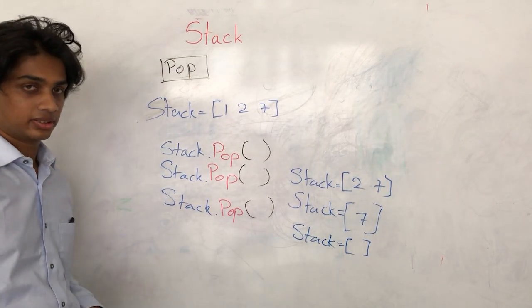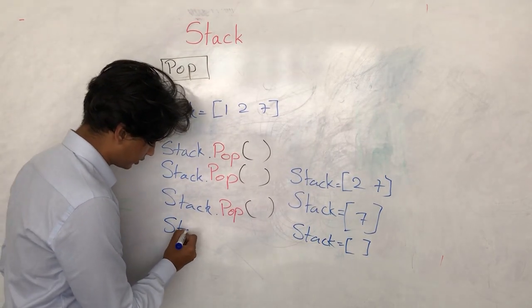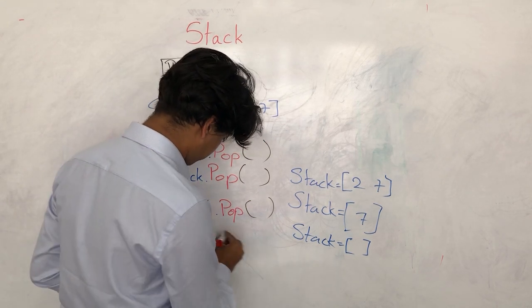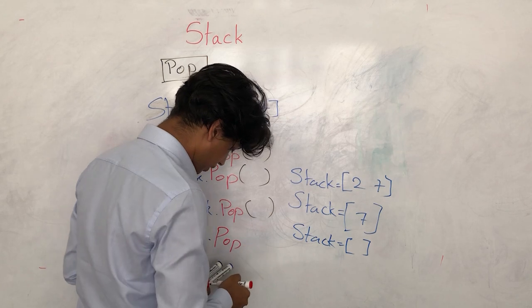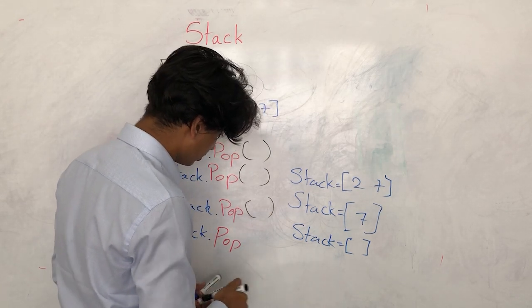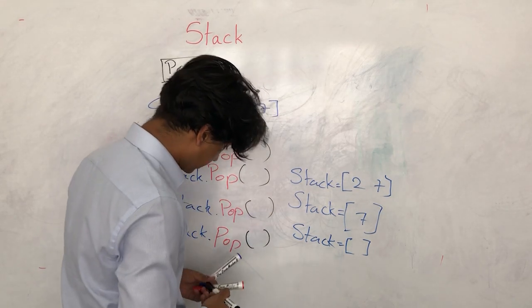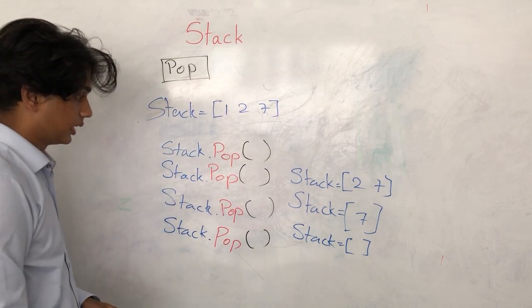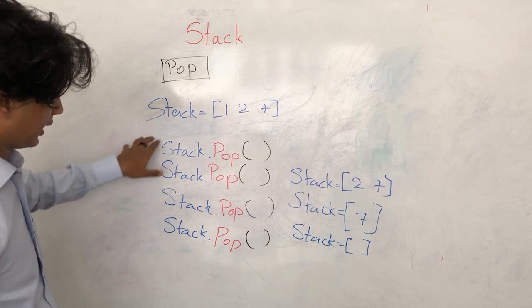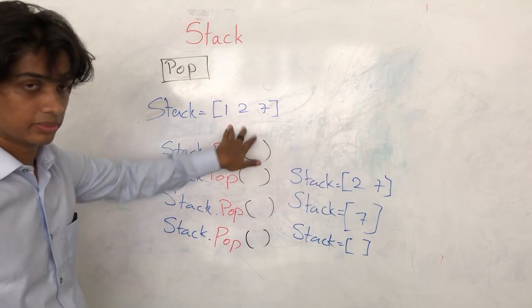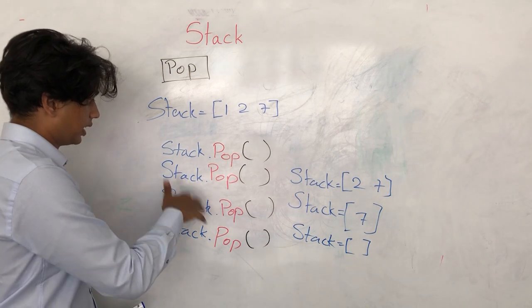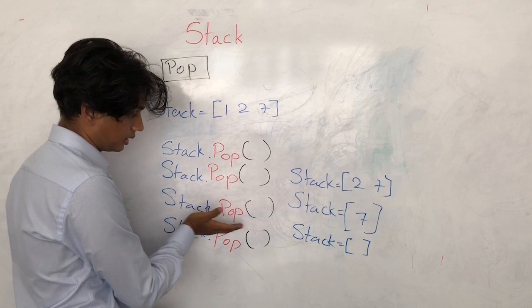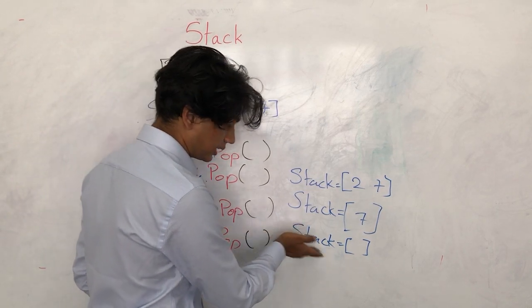But if we continue this further, stack dot pop, if we execute this function here, as you can remember, I had a stack with only 3 elements, and then I popped out each element one by one, and at this current state my stack became empty.